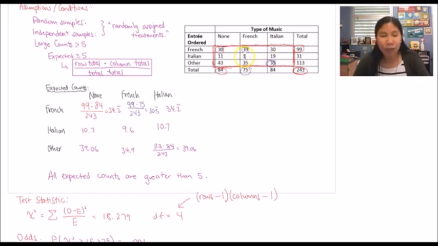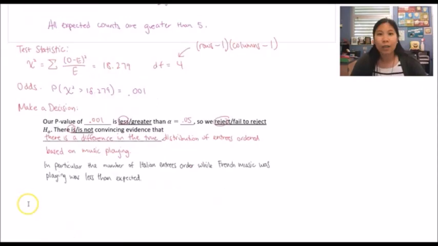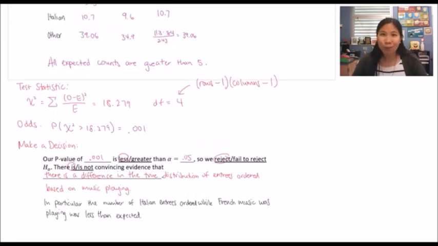So for that value, we only observed one, but we expected 9.6, so we got a lot less than expected. So I would word this as, in particular, the number of Italian entrees ordered while French music was playing was much less than expected. All right, so anytime that you reject H0, that's something you have to find, the largest component. All right, so that's the full phantom of a chi-square test for homogeneity.